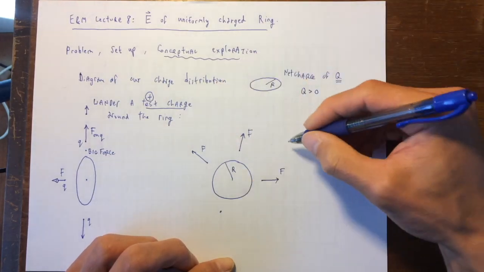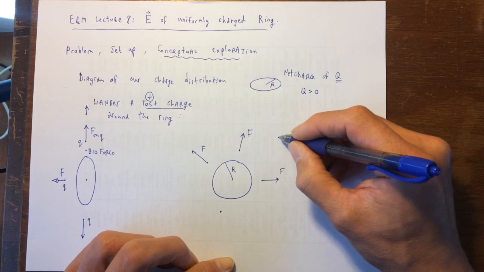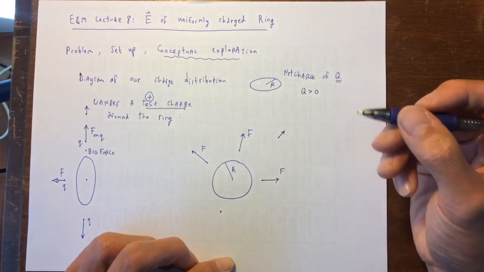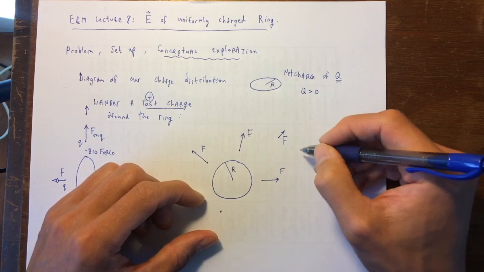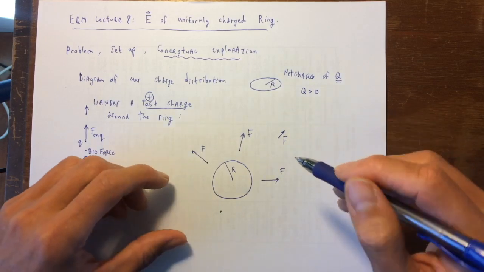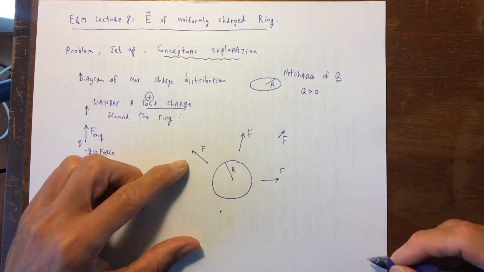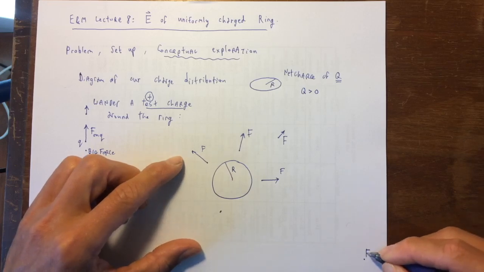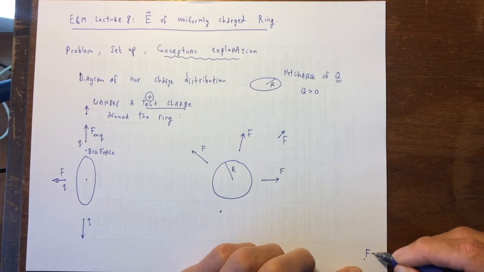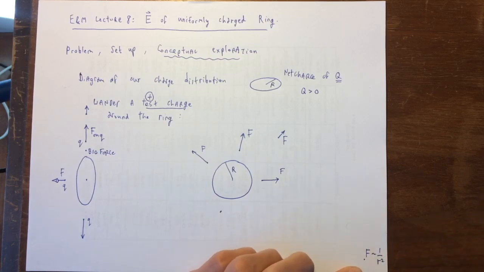And if I check further away, I expect it to be smaller. I'm not sure how the force dies off, but if I go really, really far away, like way off in the distance, the truth is I should start to see that the force is dying off inverse square.